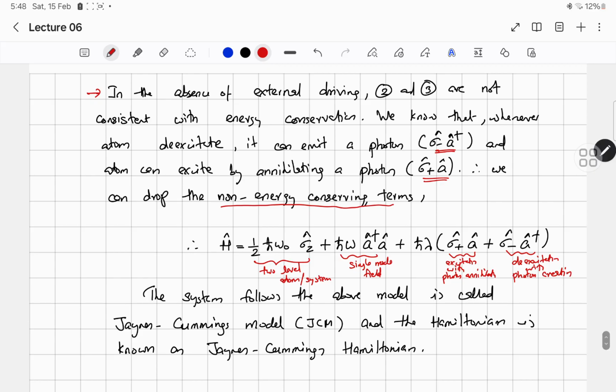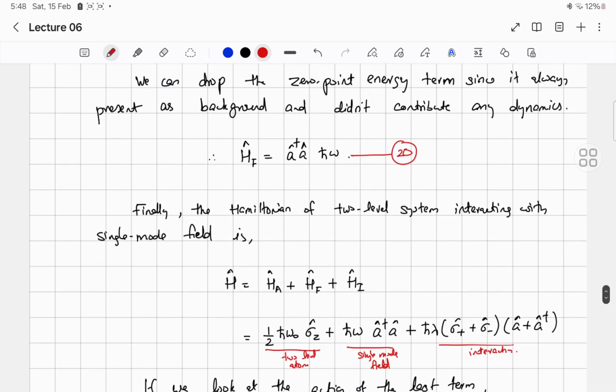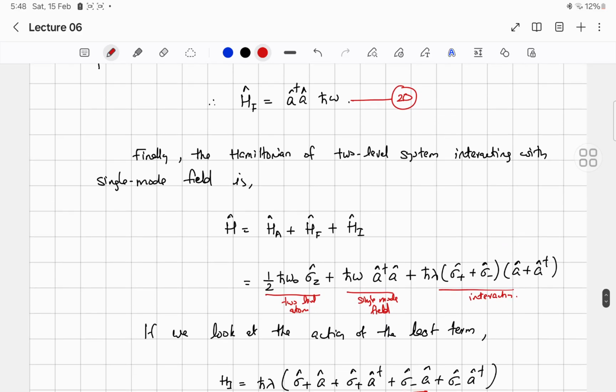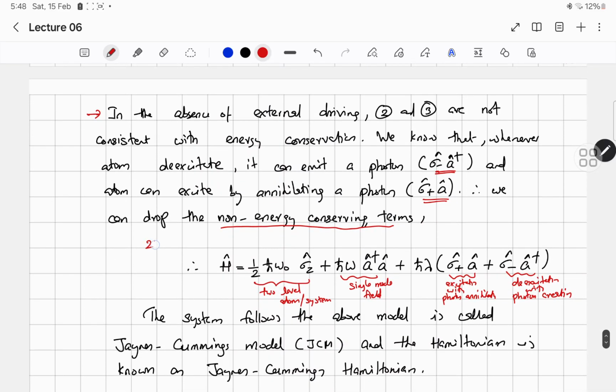So this is the final Hamiltonian. The previous Hamiltonian was equation number 21, and by dropping terms from equation 21 it will take this form, which can be equation number 22.